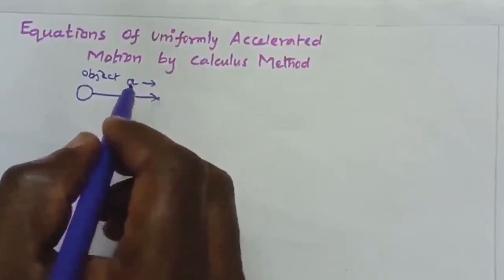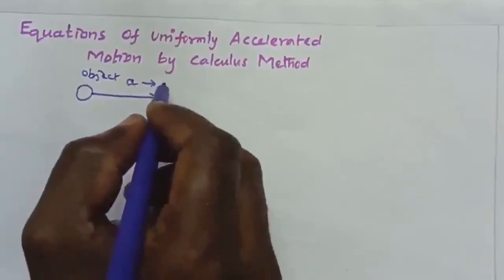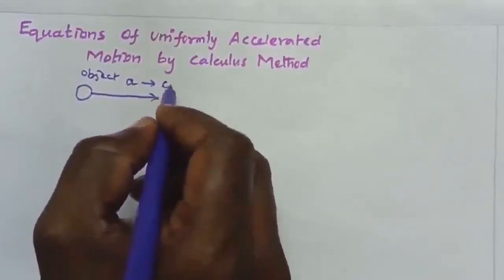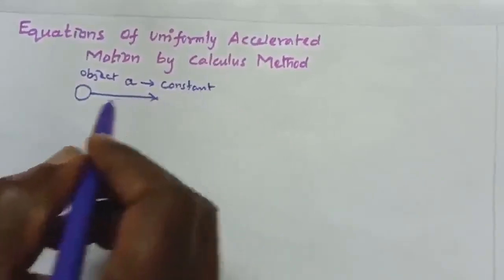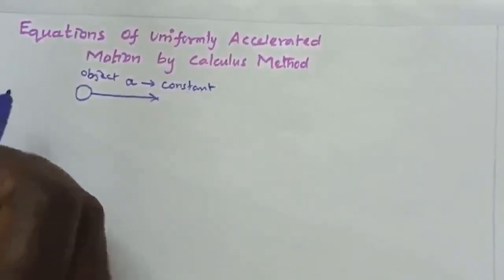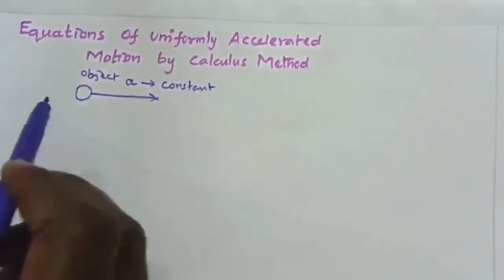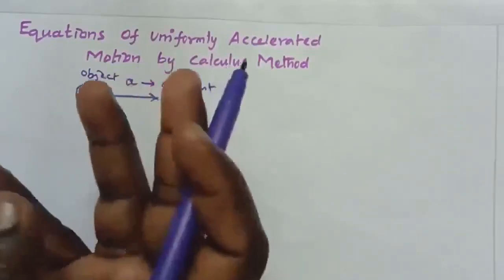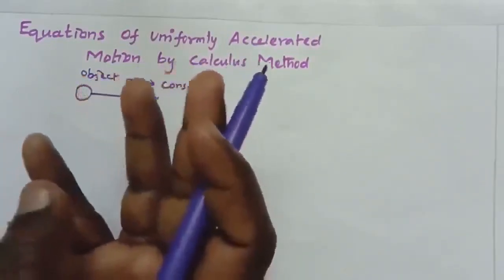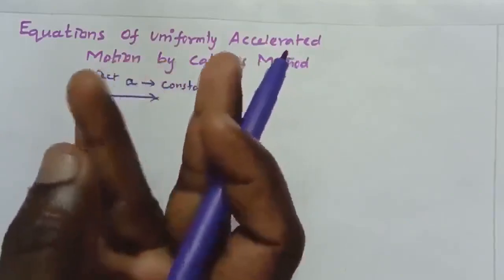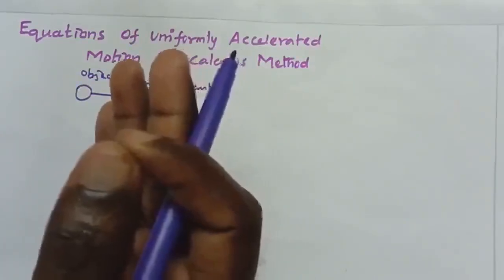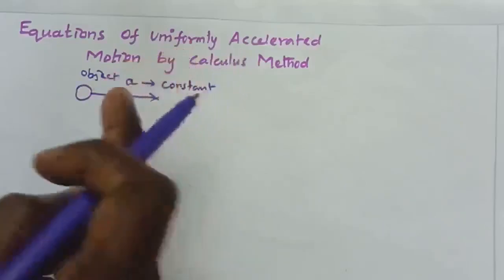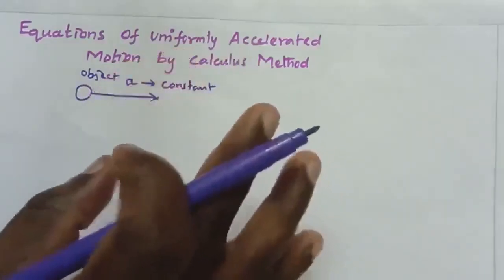Here the acceleration of the particle is a constant. For uniformly accelerated motion, there are some simple equations that relate displacement, time, initial velocity and final velocity.